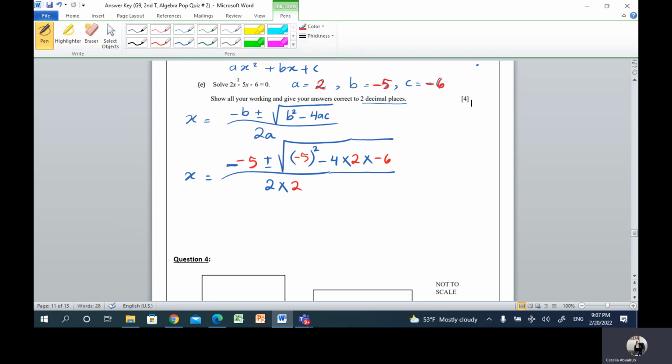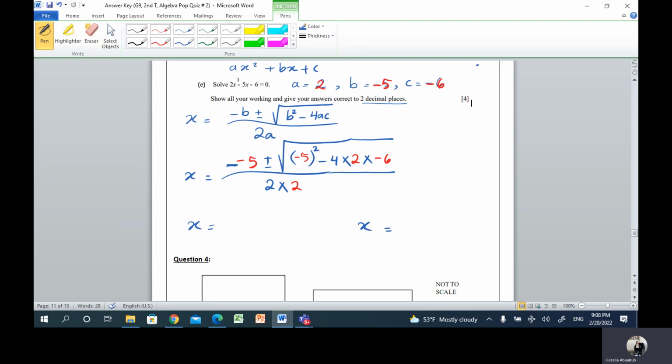Now you need to insert this in the calculator, and you will find two values for x. Okay, so let's insert this in the calculator. One time as plus, so minus 5 plus square root of the squared inside bracket negative 5 minus 4 times 2 times negative 6.